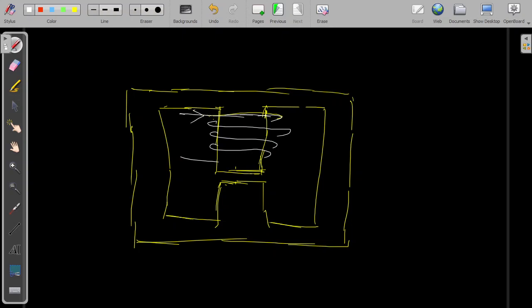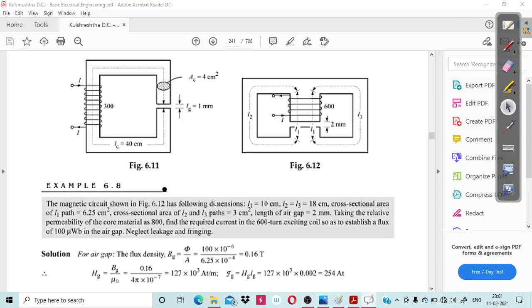I have current I flowing through this winding. In the problem it is given that L1 equal to 10 centimeter, L2 equal to L3 equal to 18 centimeter.